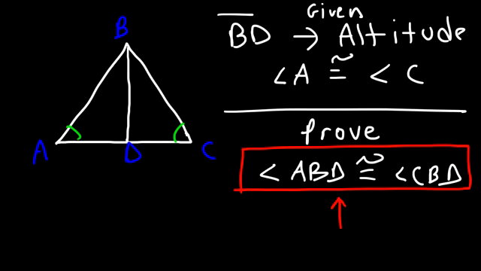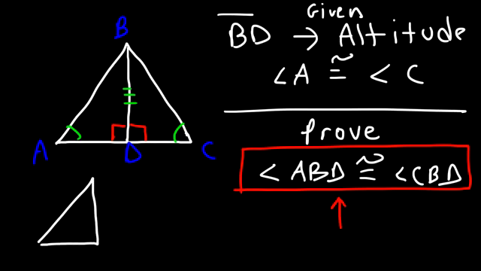What do we know about altitudes? Altitudes, they form right angles. So angle ADB is congruent to angle CDB. Now, in addition, triangle ADB shares the same side with triangle CBD.